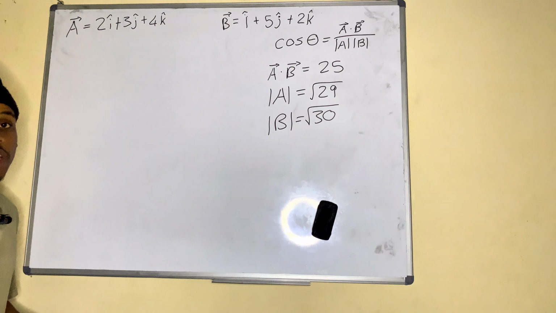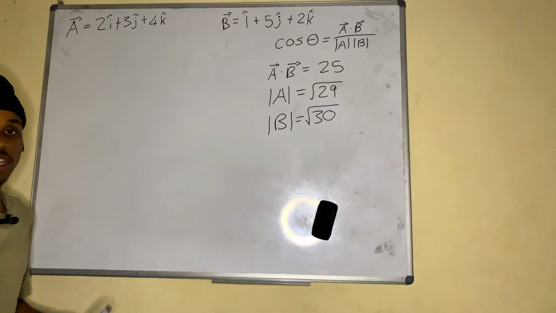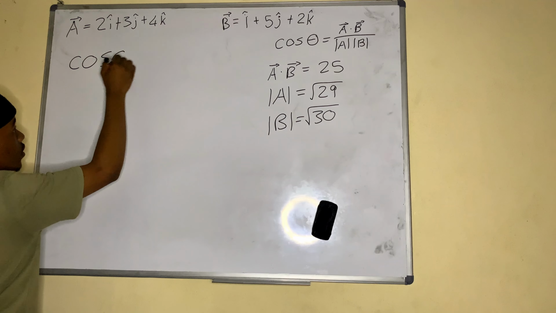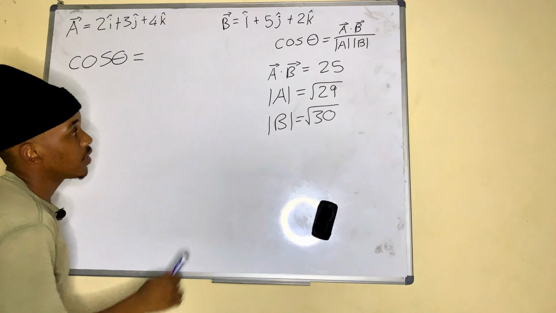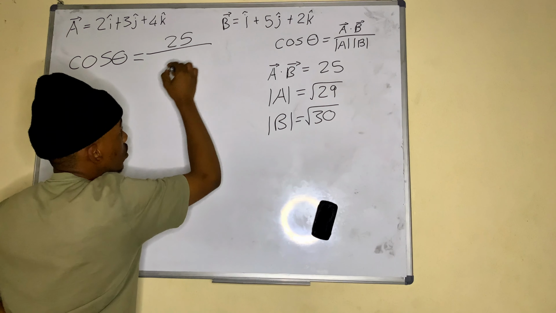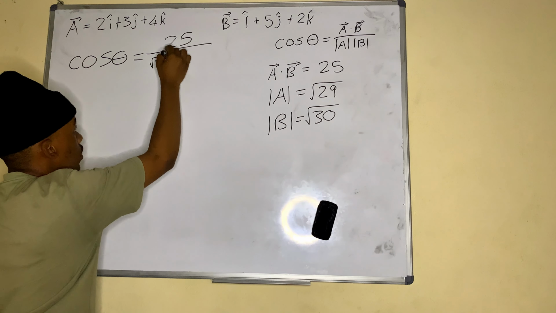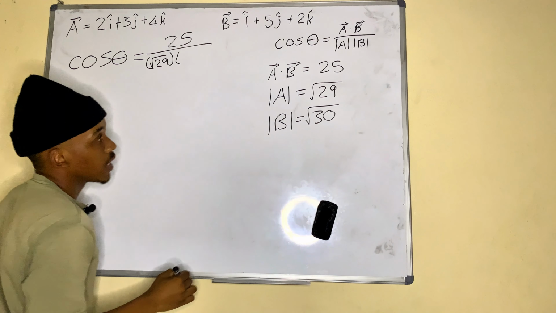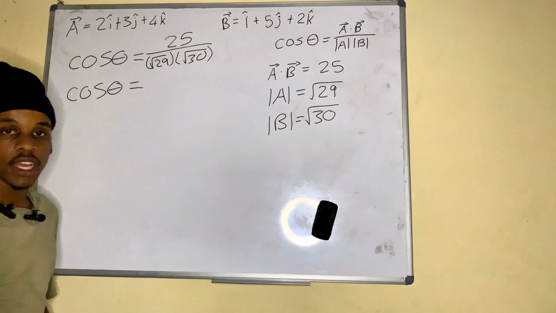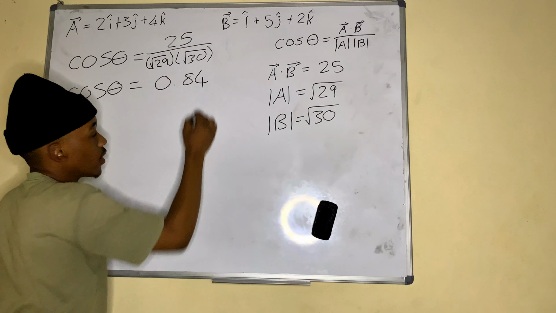And so now we have every value that we need in order to substitute into the formula such that we can calculate the angle between these two vectors. Cos theta is given by the dot product of A and B, which we have found to be 25, over the magnitude of vector A, which we have found to be root 29, and the magnitude of B, which we have found to be root 30. Plugging that into our calculator gives us 0.84.